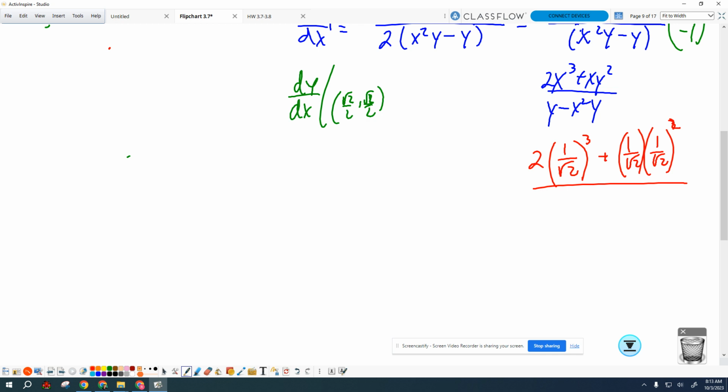So before I even started, I'm like, there's no difference, since x and y are the same value.